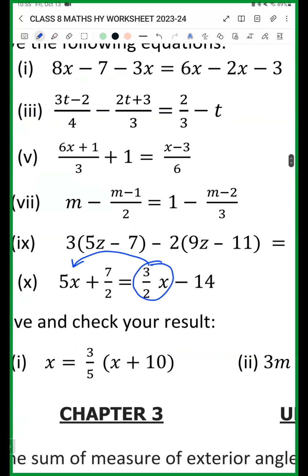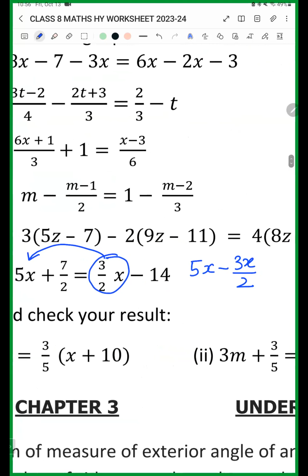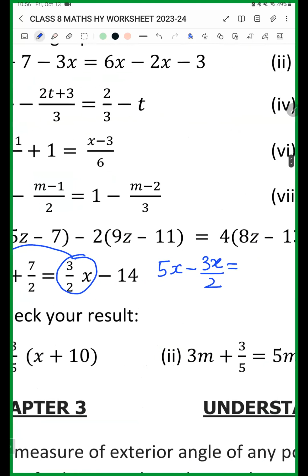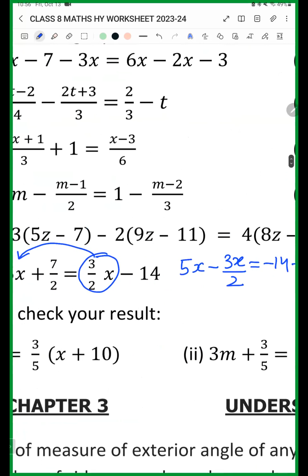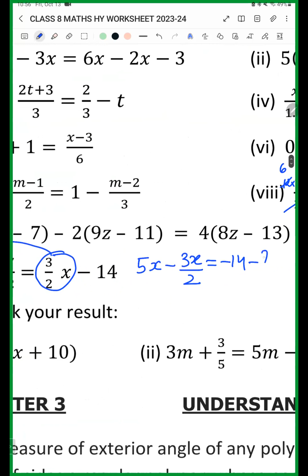So here it becomes 5x minus 3 by 2 x, which is 3x by 2, is equal to minus 14 minus 7 by 2, because 7 by 2 goes to the other side, it will become minus 7 by 2.